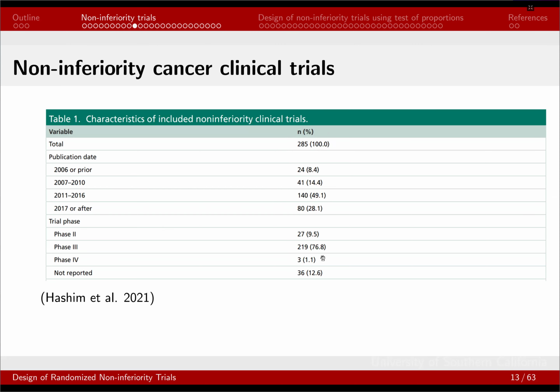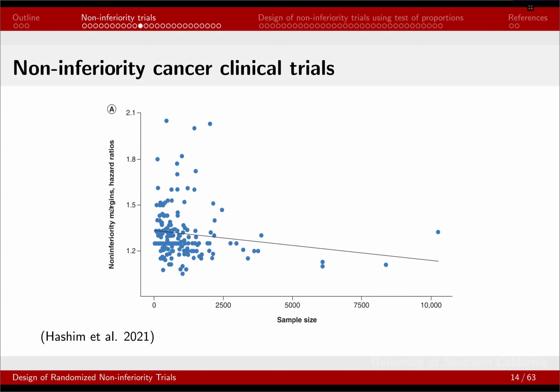Most of the trials were phase 3. The authors also looked at the distribution of non-inferiority margins in hazard ratios, and it's generally between 1.1 and 2. They also looked at the relationship between the margins and the required sample size. As the margins decrease, there is an increasing trend in required sample size.